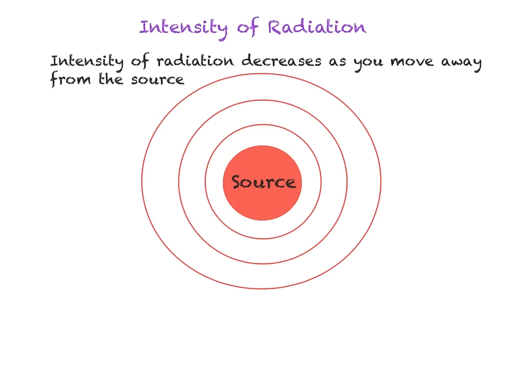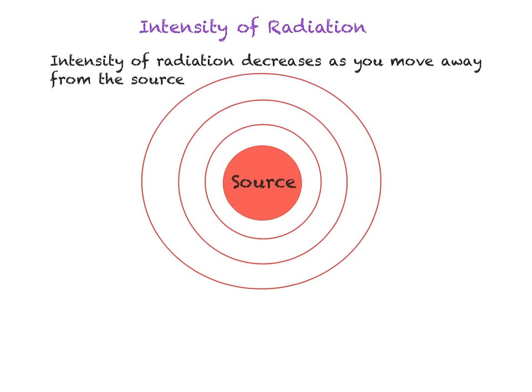Well, obviously, the intensity of radiation will change as you get further away from the source. If you think about infrared radiation, this makes sense, as you move away from the source of the heat, the heat that you feel gradually gets less. This happens due to two reasons.